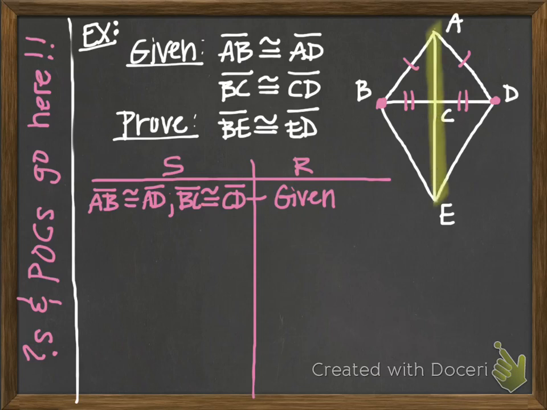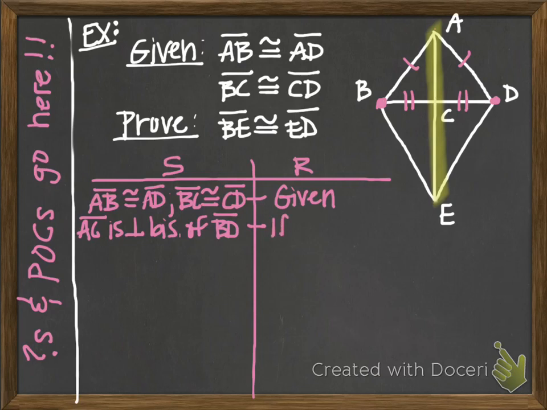Let's go ahead and state that. AC is perpendicular bisector of BD, and I'm totally abbreviating here. We know that it's a perpendicular bisector because of that first theorem we wrote down.